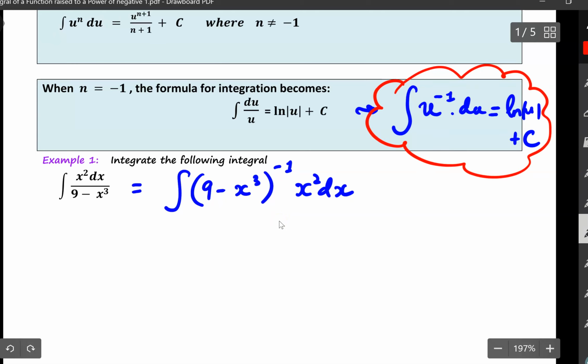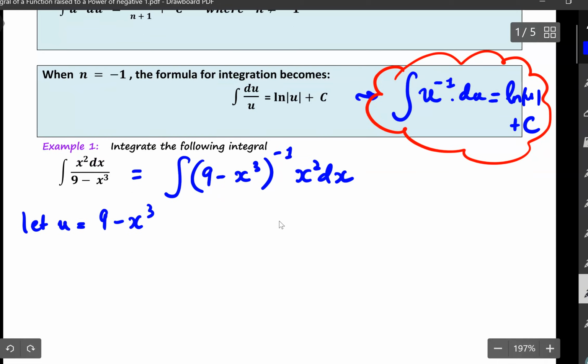Okay. So let u equal 9 minus x to the exponent 3. Immediately after, I will find du over dx. The derivative of 9 is equal to 0. The derivative of negative x to the exponent 3 will be negative 3x squared.